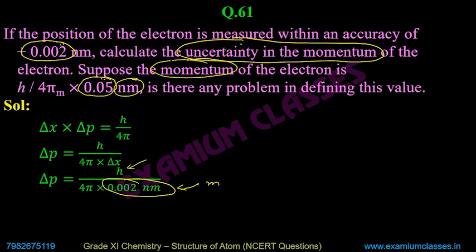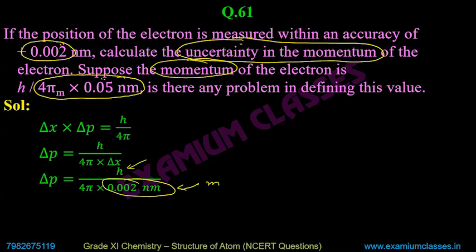The question says, suppose the momentum of the electron is this much. If momentum is this much, it looks like we are saying the unit of momentum is nanometer, which is not right. Basically, this whole part is in the denominator. So I think 0.05 is multiplied with the whole of h upon 4 pi.